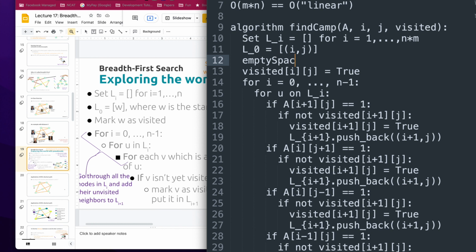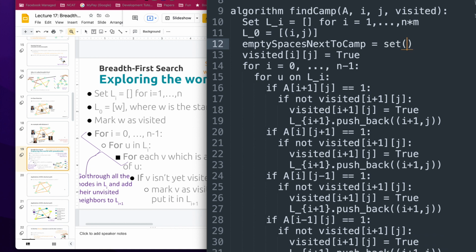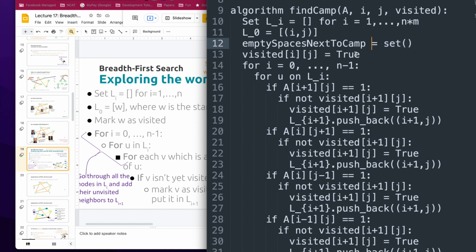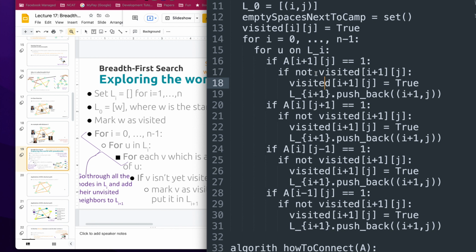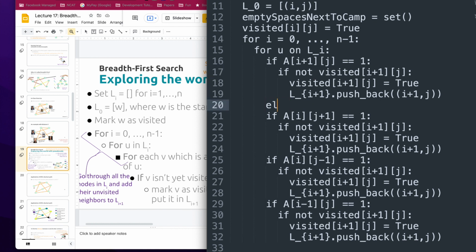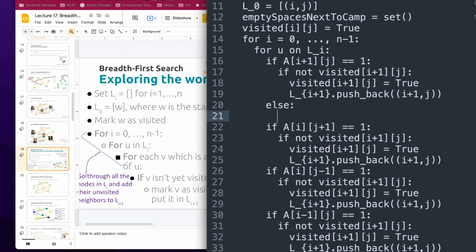So let's say empty spaces next to camp, and we're going to make this into a set, right? So we just have a set here. And if you are equal to 1, and if you're not equal to 1, so let's say else, I am going to add you, i plus 1 j, right?